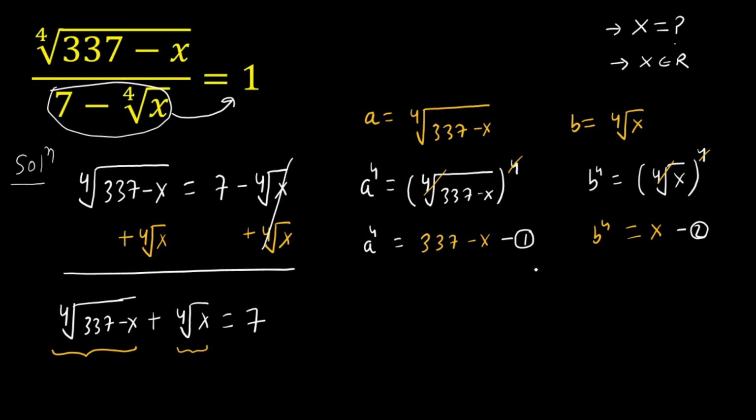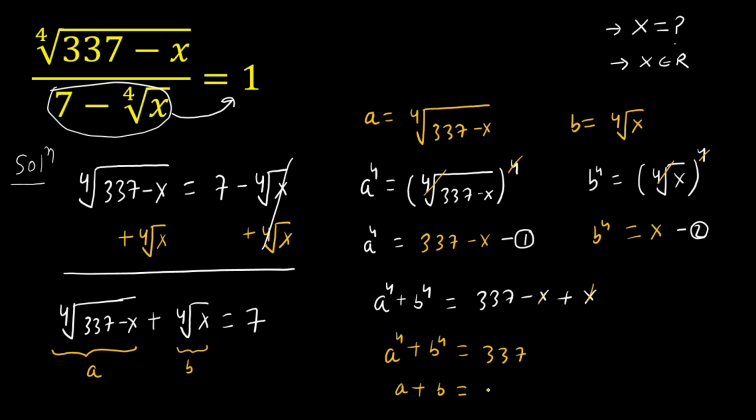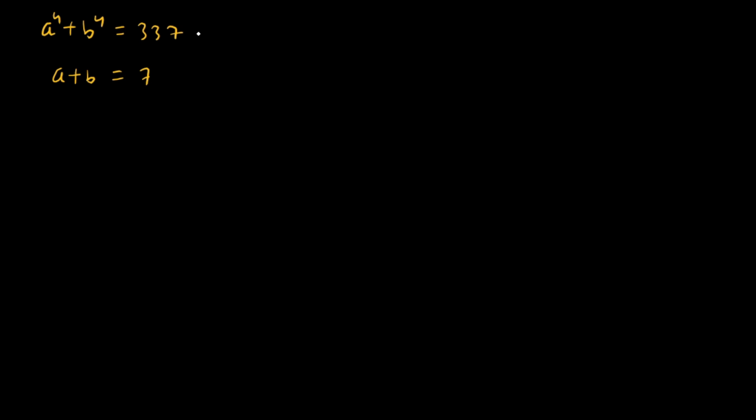If we add equation first and equation second, then a power 4 plus b power 4 equals 337 minus x plus x. Minus x and plus x cancel out, so a power 4 plus b power 4 equals 337, and a plus b equals 7. We have two equations and two variables. By using these equations, we will find the values of a and b.